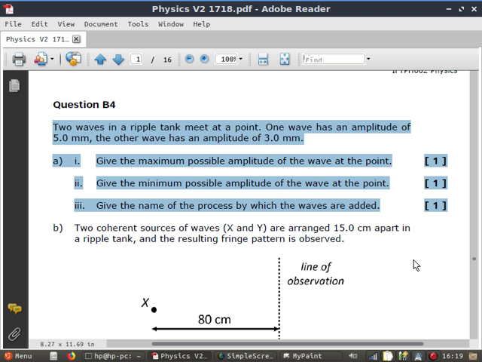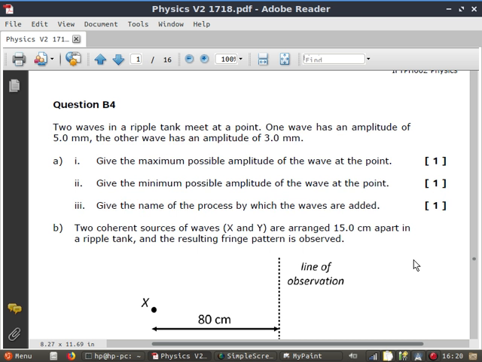Interference is when two or more waves combine to form a new wave, and the principle of superposition states. Ah! That state is a verb, not a noun. So it's like saying the superposition says. So it's just superposition. Is that okay? Yep.